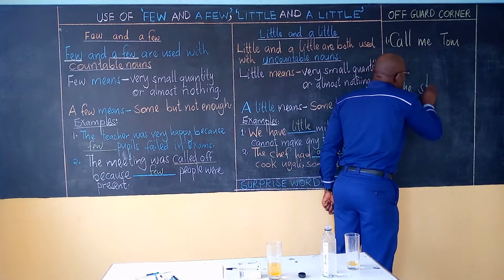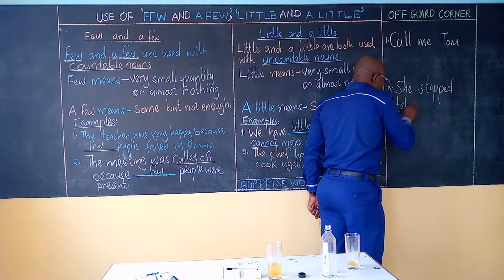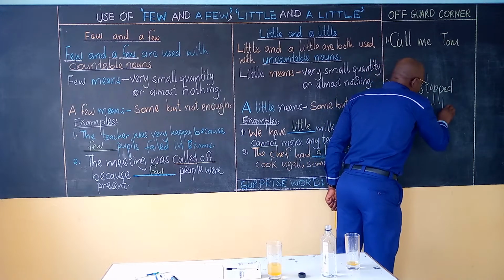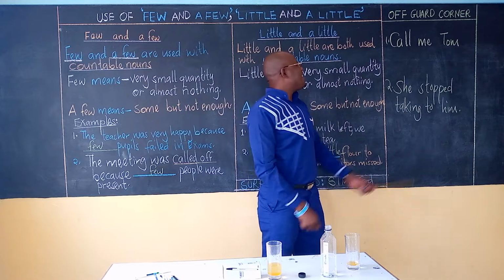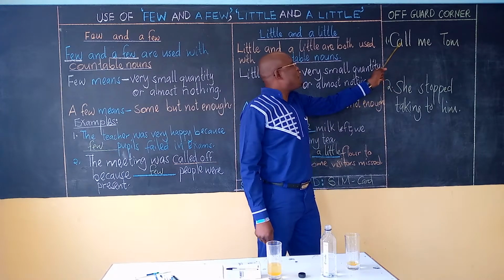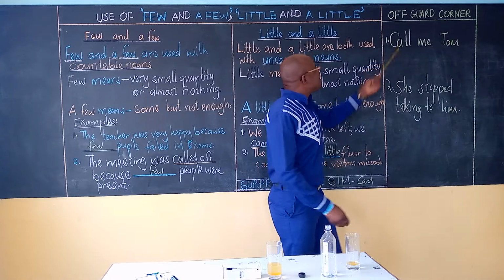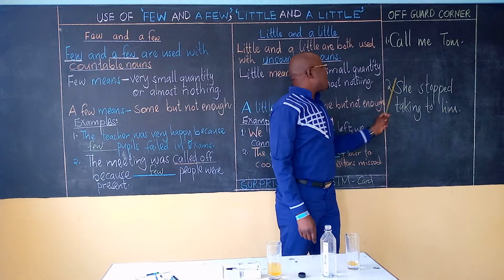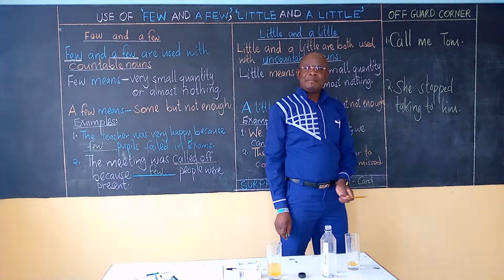She stopped talking to him. What is my off guard? Can you give me 2 meanings of the statement, call me Tom, and 2 meanings of the sentence, she stopped talking to him?